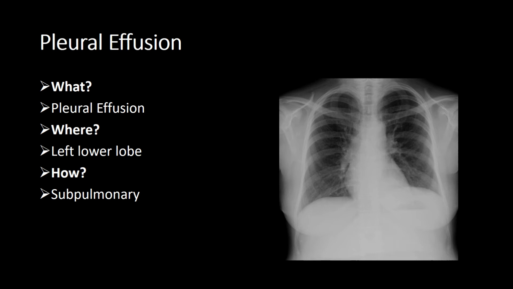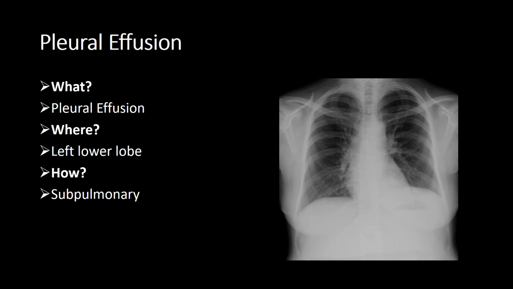Here we have a great example of a subpulmonary effusion. So remember, our left hemidiaphragm should be slightly distal to our right hemidiaphragm by 1 costal interspace, which is about 2 centimetres. Anything greater than 3 centimetres needs to be considered as abnormal.